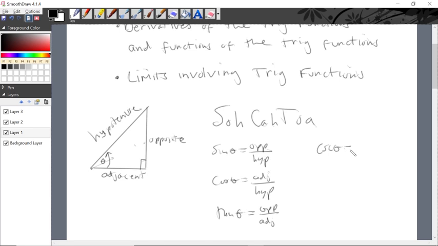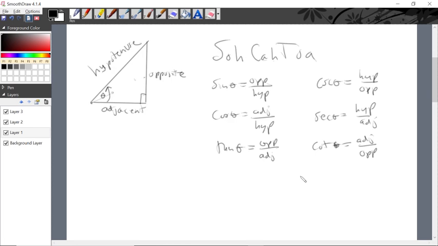The cosecant of theta is the reciprocal of the sine of theta, so this would be the hypotenuse over the opposite ratio. The secant of theta is the reciprocal of cosine, so that would be hypotenuse over adjacent. And the cotangent of theta is the reciprocal of the tangent, that would be adjacent over opposite. Okay, so here are the right triangle definitions for the trigonometric functions.